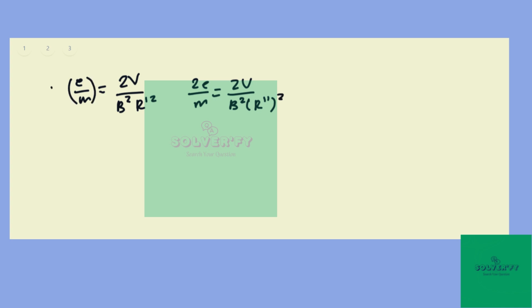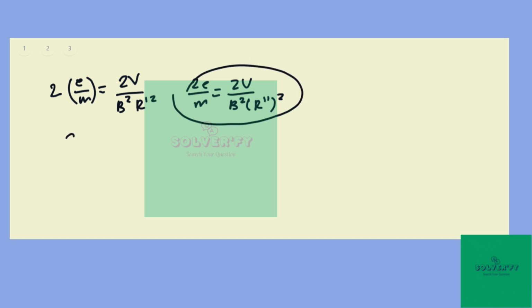Now, on the next page, again, e over m, we have 2V over B squared r prime squared, and 2e over m, 2V over B squared r double prime squared. Now, if we double this, it should give us this equation.